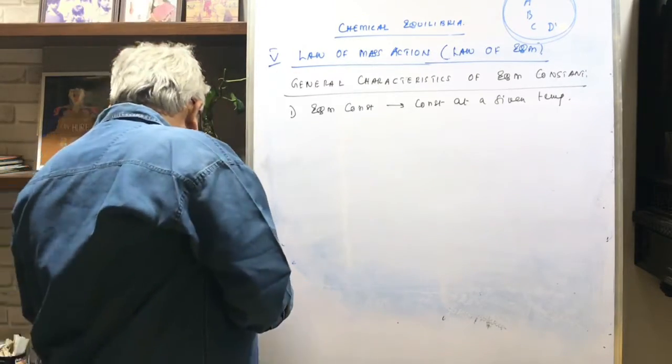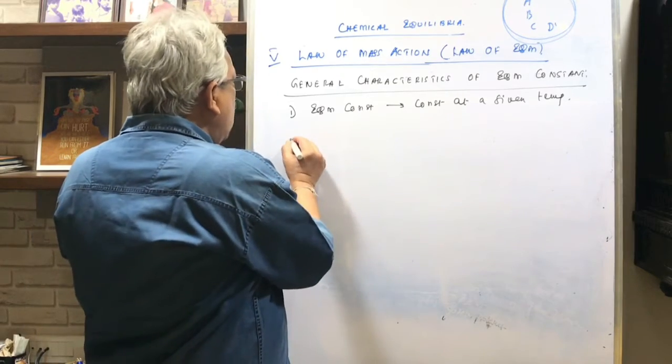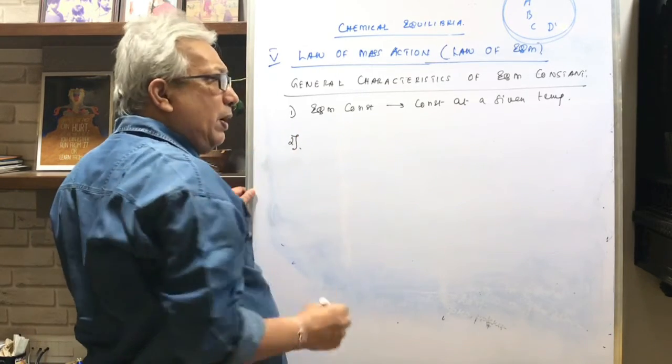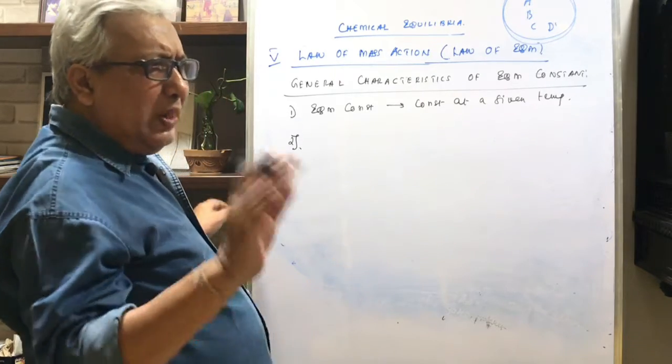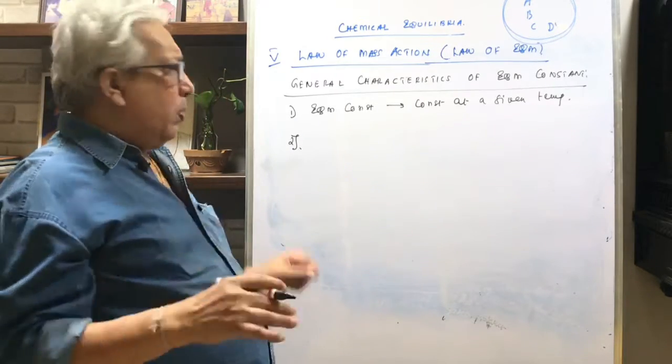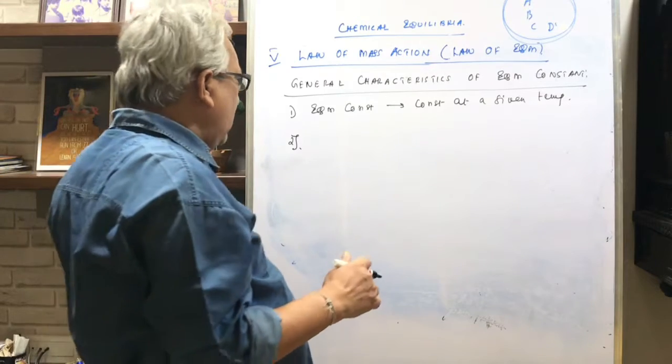Now coming to point number 2. Suppose there is an equilibrium and you are changing the concentration. So will the equilibrium constant change? No. I'll just tell you in a very simple language.